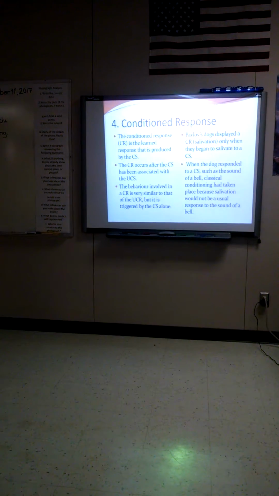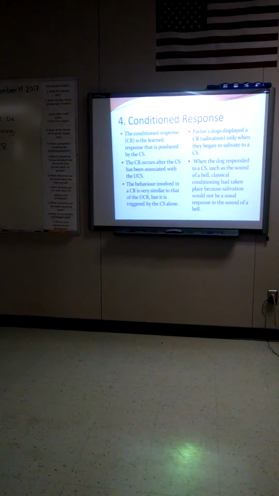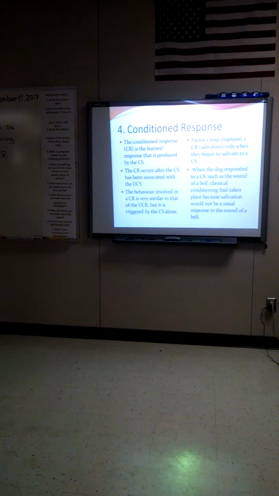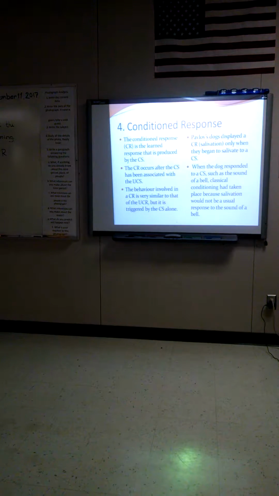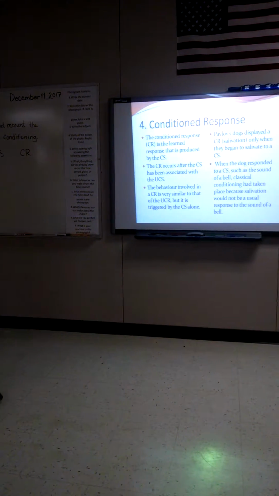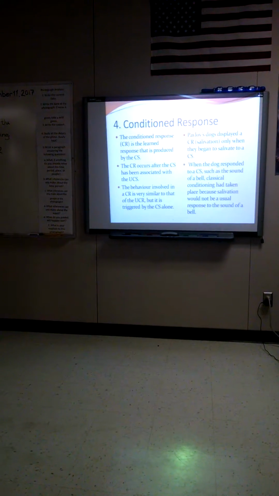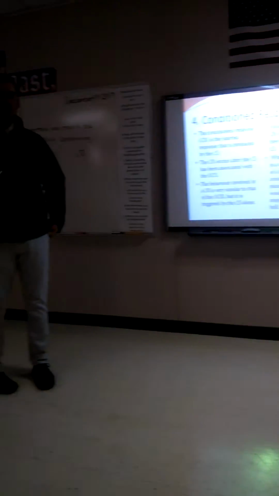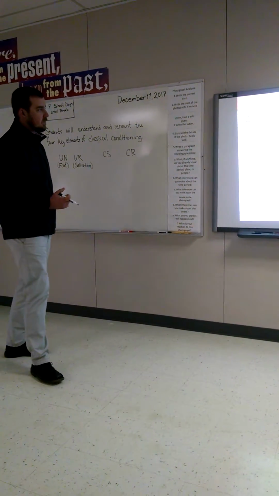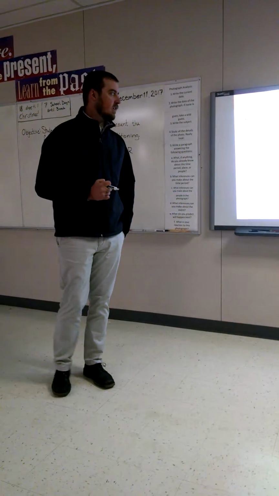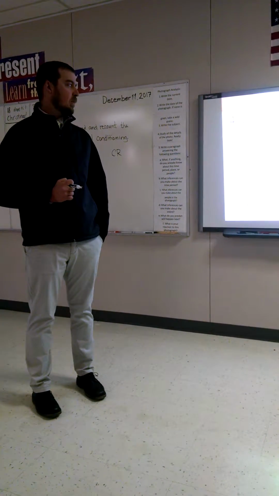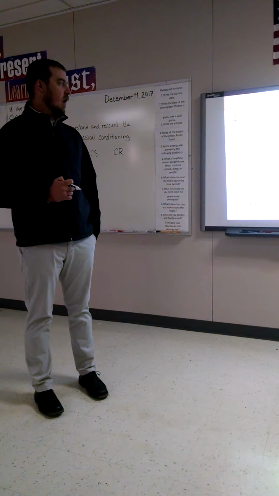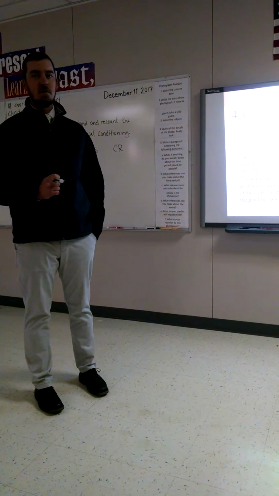The behavior involved in the CR is very similar to that of the UR and is triggered by the conditioned stimulus. So Pavlov's dogs displayed a CR, salivation, only when they began to salivate to a conditioned stimulus. So when the dog responded to a CS, such as the sound of a bell, classical conditioning has taken place because salivation would not be a usual response to the sound of a bell.